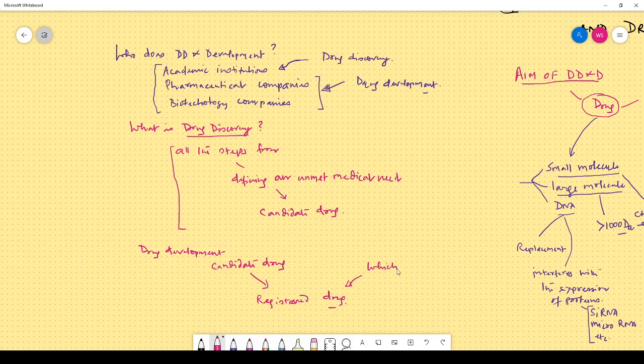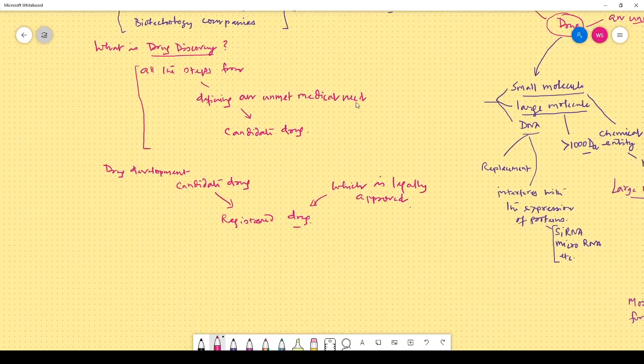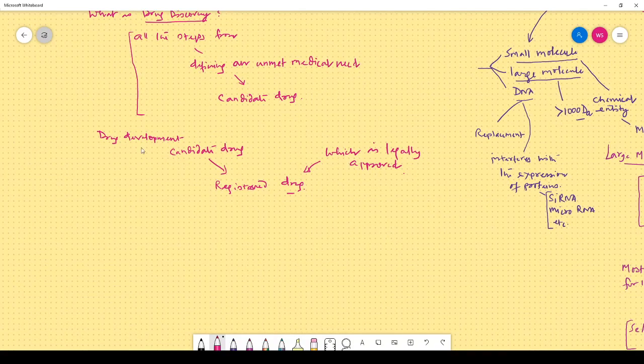Which is legally approved. Okay. So all the stages involved in taking a candidate drug to it being approved as a registered drug is called drug development.